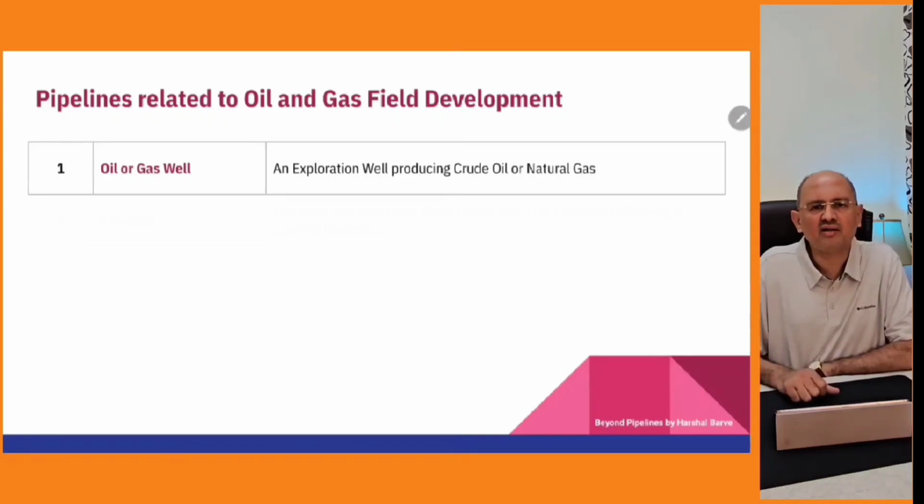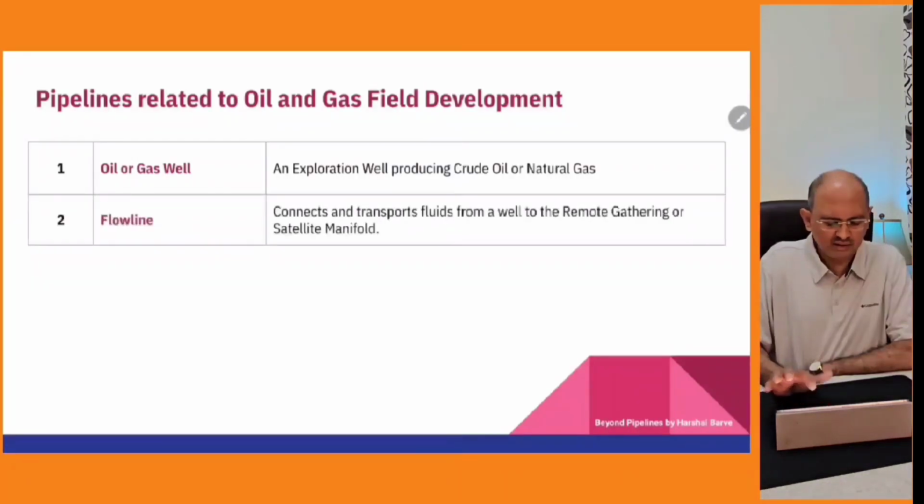So this is a typical oil and gas exploration well drilled in the field, which will bring the hydrocarbon fluids from the subsurface downhole, half a kilometer to 2 kilometers, 3 kilometers down, to the surface, from where we need to connect it with the flow line or pipeline to collect it together to the treatment facility and for the export.